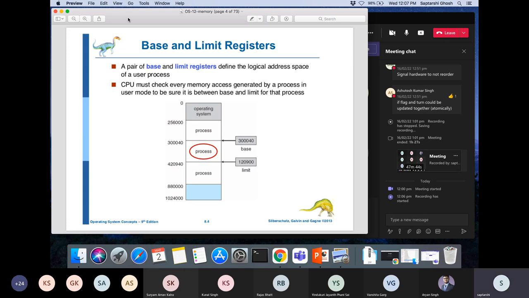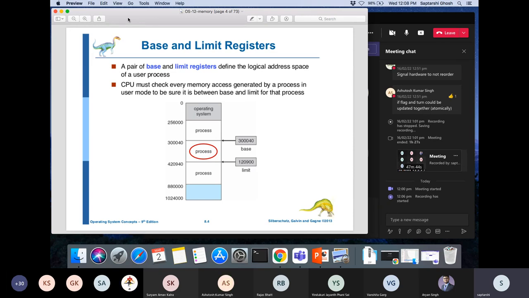It's assumed that the memory is being shared by the operating system and several user processes. Usually the norm is that the operating system is in the lower portion of the memory, that means the lower addresses, and the higher addresses are given to different user processes.